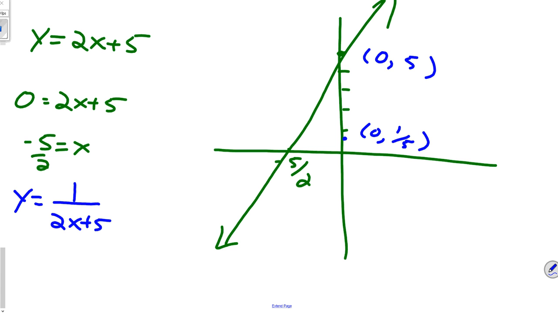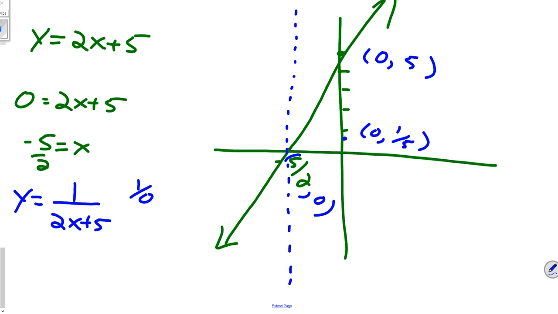And also, this one here is at 5 over 2 and 0. What's the reciprocal of 0? No. 1 over 0. Think about 1 over 0. It doesn't exist. So do you guys remember what goes in place of that? The dashed line. This line has got a special name.